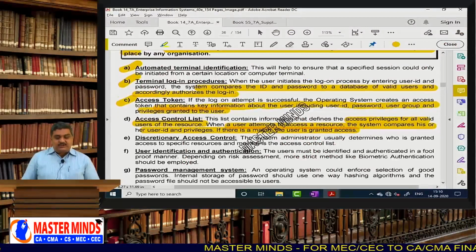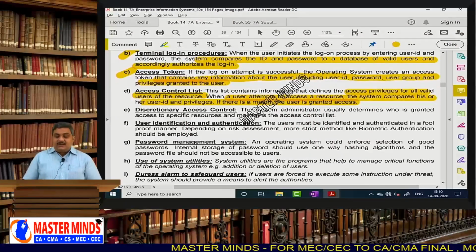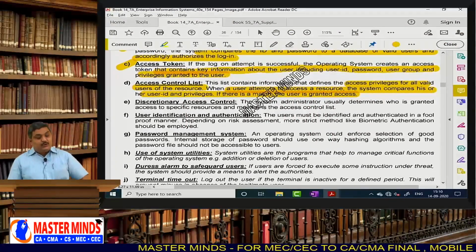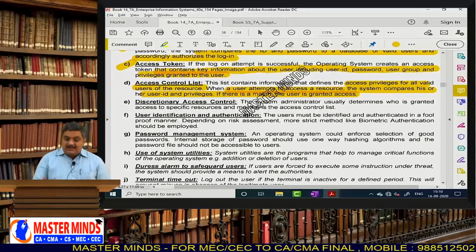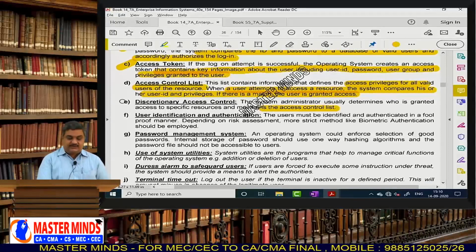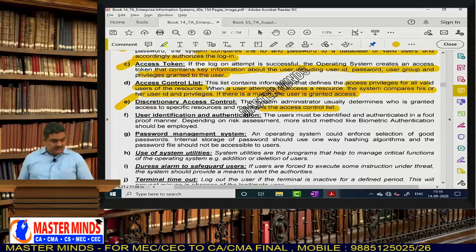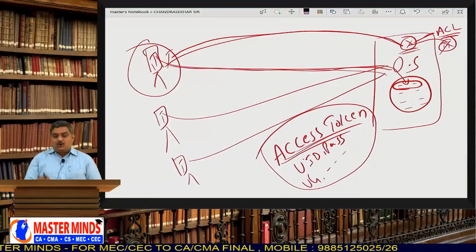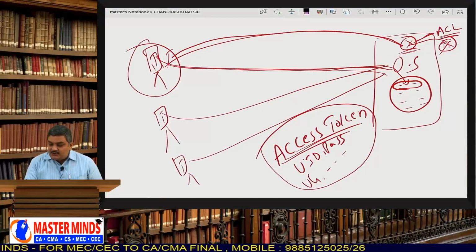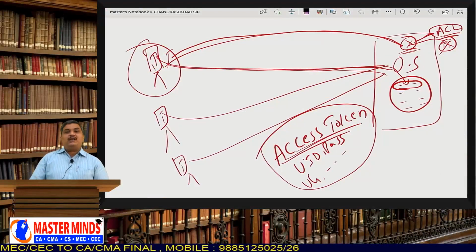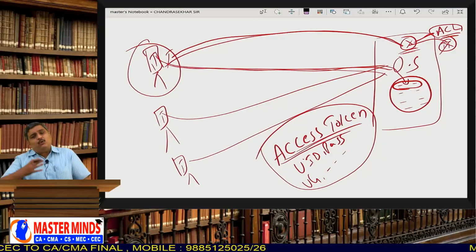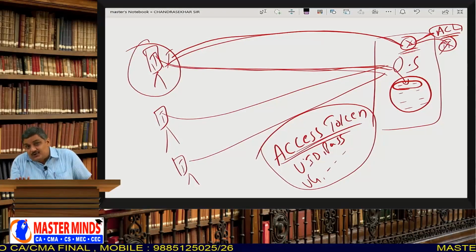And next one, discretionary access control. The system administrator usually determines who is granted access to specific resources and maintains the access control list. Then you may get a doubt. Sir, in the earlier point you told that there will be an access control list, and you told that my name is not there in that access control list. Then who actually makes that access control list?